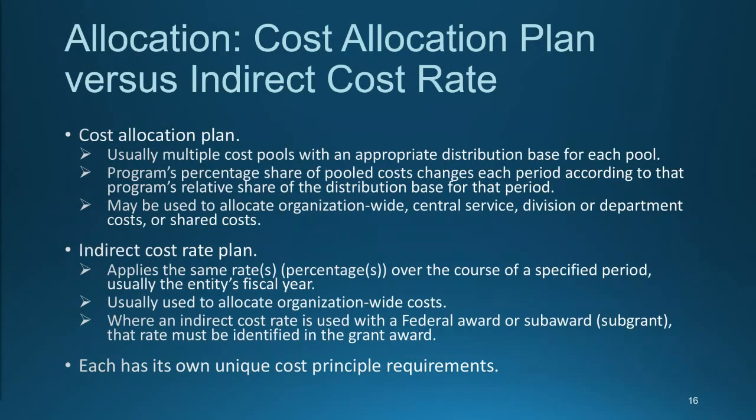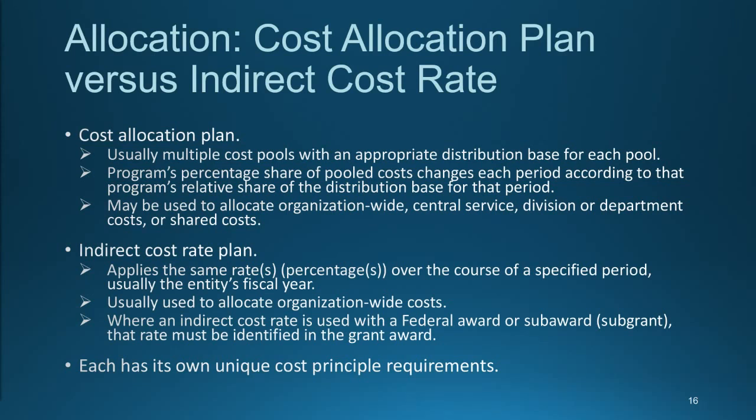Cost allocation and indirect cost rates are obviously very complex subjects in and of themselves, and this page doesn't do them justice. But the point I wanted to make with this was just, when you have indirect costs, there's going to be some methodology for how those are assigned to the grant award and to funding streams.